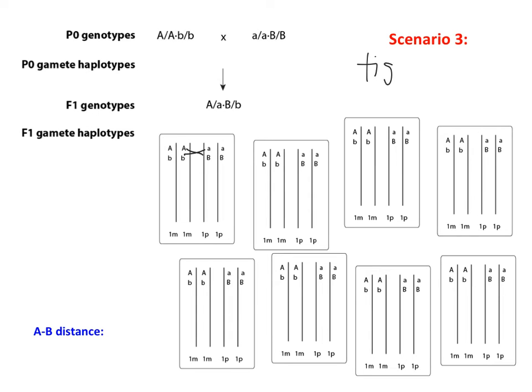Scenario 3 is tight linkage, where genes are very close together on the same chromosome. This was part of the Socrative quiz. Right? Genetic distance is going to be, it's going to be small. Because we measure genetic distance by recombination events, and if recombination rarely happens between these 2 genes, then the genetic distance is going to be small.